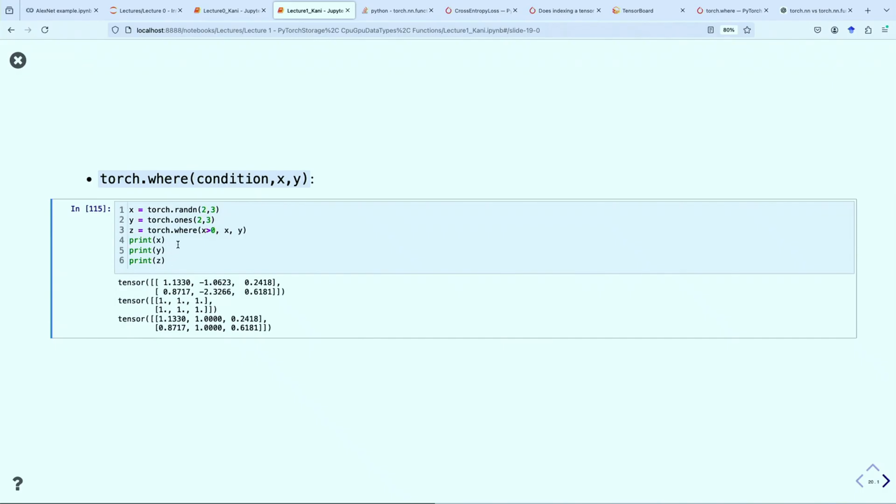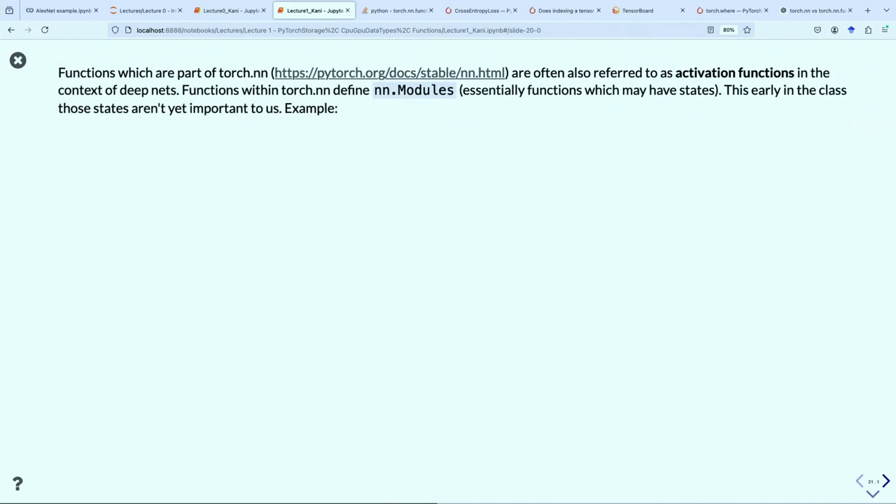The function where is very useful in a lot of different machine learning activation functions, so that's why we're mentioning it here. Functions that are a part of the torch library, basically standard functions, are often referred to as activation functions. That doesn't include the basic math functions, but it includes a lot of machine learning activation functions.